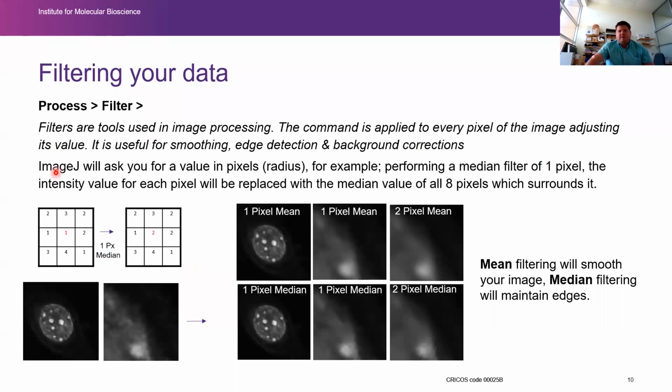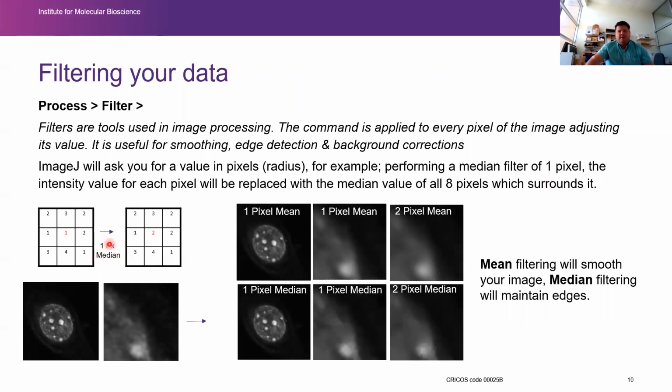So when you run process filter, there's a whole heap of options: mean, median, Gaussian filters. You could spend an hour talking about all the different ones. The most common ones that people will use are mean and median. But it'll ask you for a radius. If you're performing a radius of 1, it will find whatever calculation you've said, whether to find the mean or the median, from this 1 pixel, it'll go out by a radius of 1.